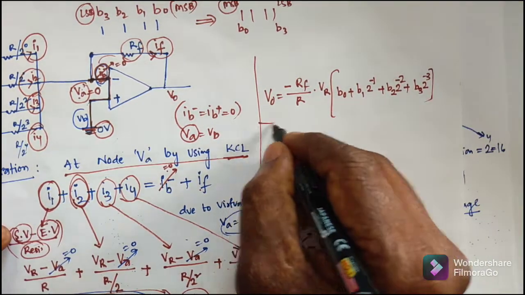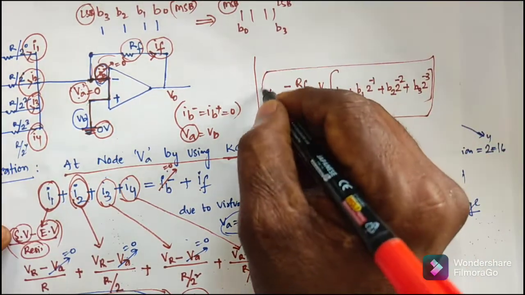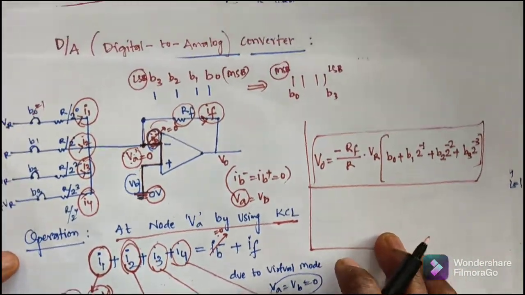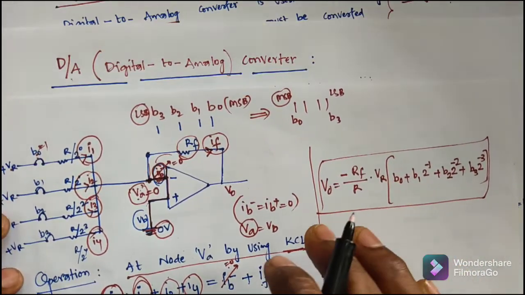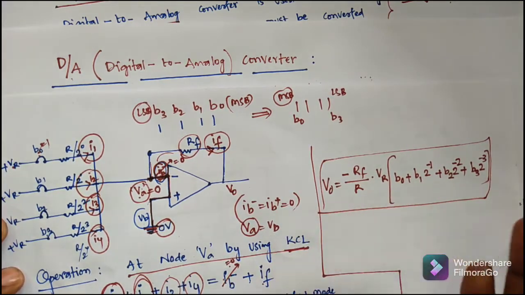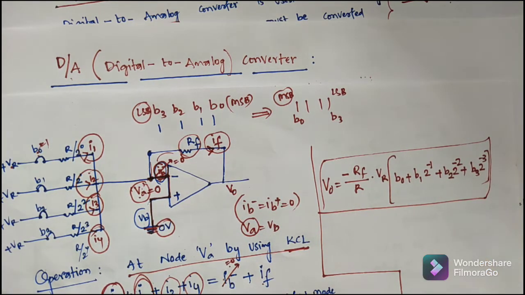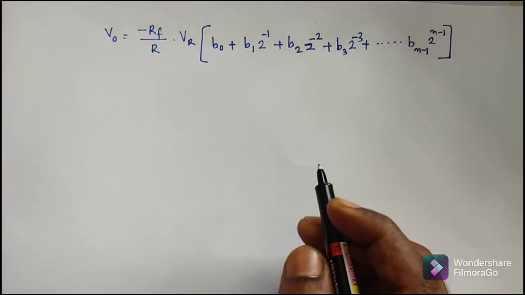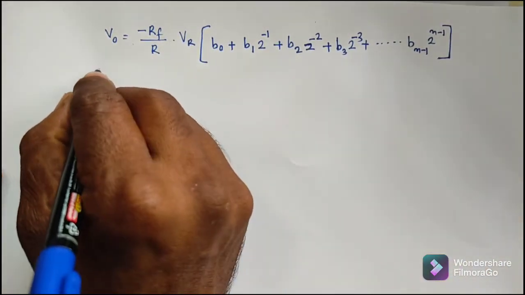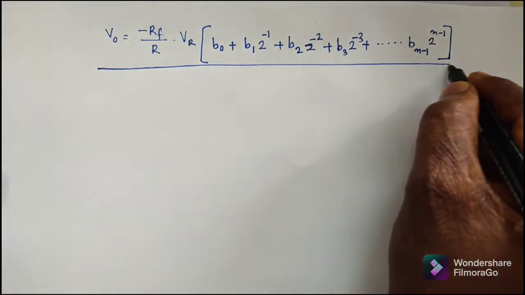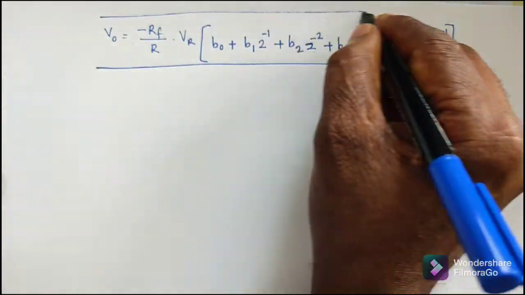Like that you will get the output waveform. Based on this function, now we are going to draw the output waveform for either a 3-bit DAC or 4-bit DAC. Finally, for an n-bit digital to analog converter, you will get this type of function.